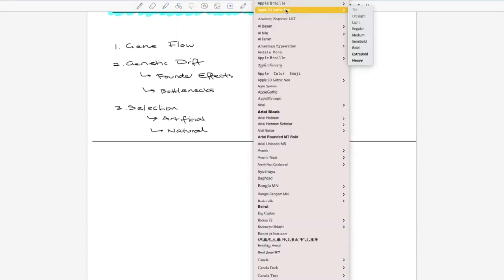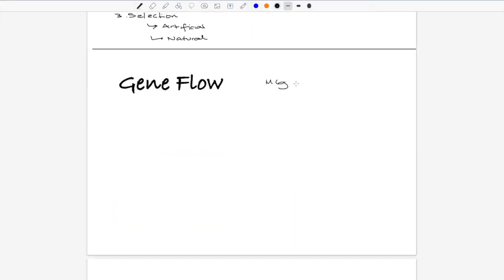So the first, gene flow, is effectively just a fancy way to say migration. So if we were to have two particular populations, and I'll see if I can draw this correctly. Let's try that again. No, that's not going to work.